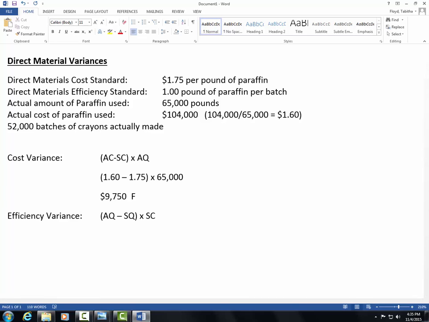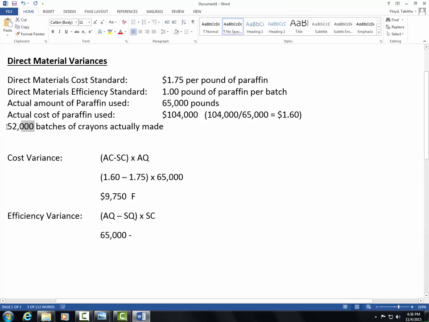Actual quantity, how many? 65,000 pounds. That's what we actually used. We're going to subtract our standard quantity. Our efficiency standard was 1 pound per batch. It should have taken us 1 pound for every batch of crayons.